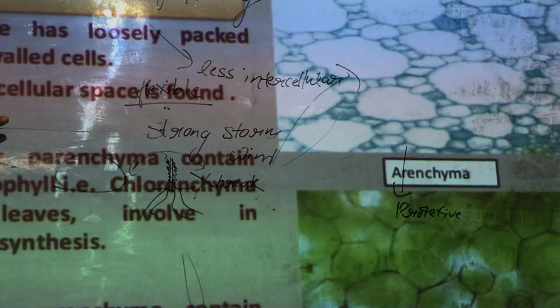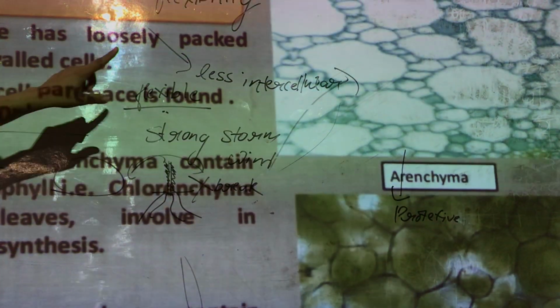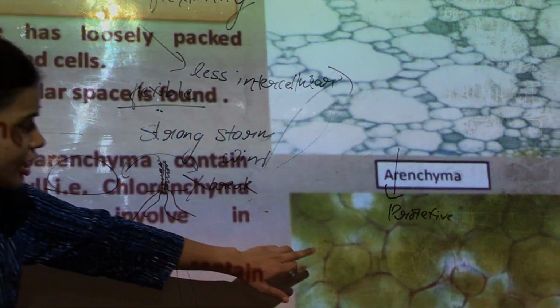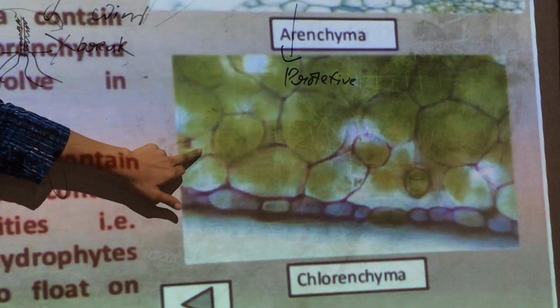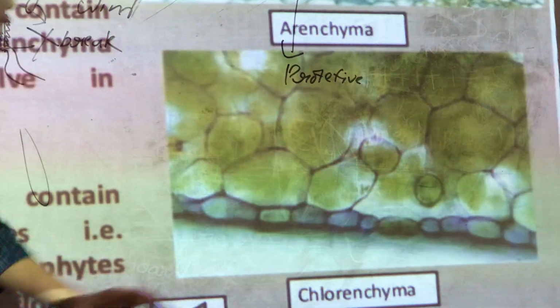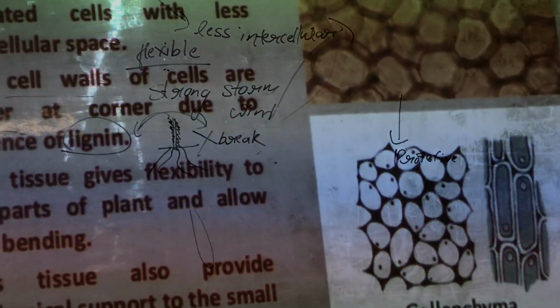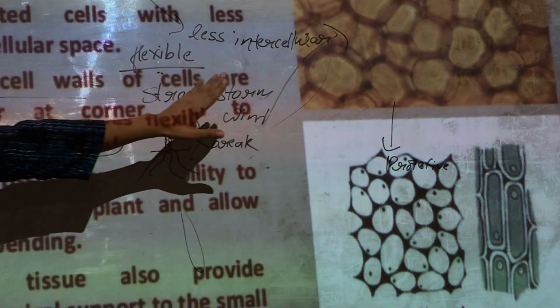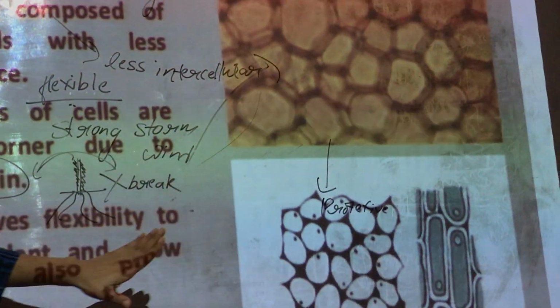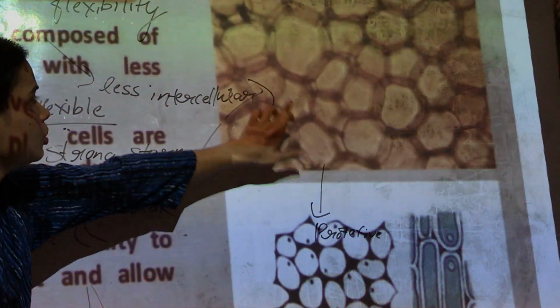If we see parenchyma, in parenchyma there is a lot of space in between the cells. You can see these spaces here, and there. Whereas if you compare with collenchyma, you will not see much space. There is less space between the cells.